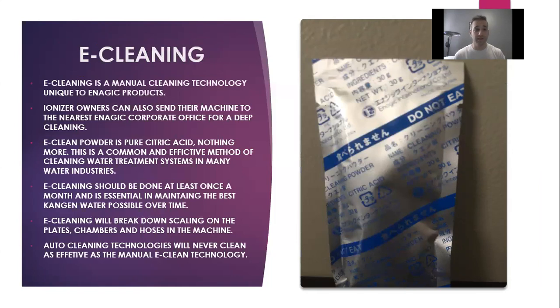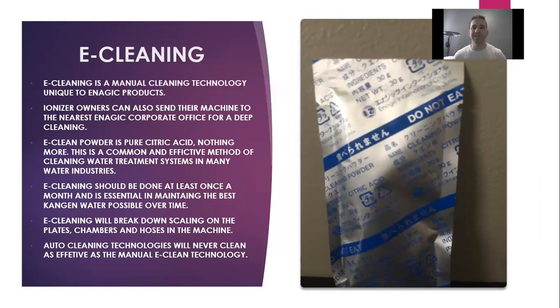So e-cleaning, like it says, should be done at least once a month, or depending on your use, every couple of weeks. You can order the e-clean packets on the Enagic shop website. They are $25 for a pack of 24, so very inexpensive and essential.